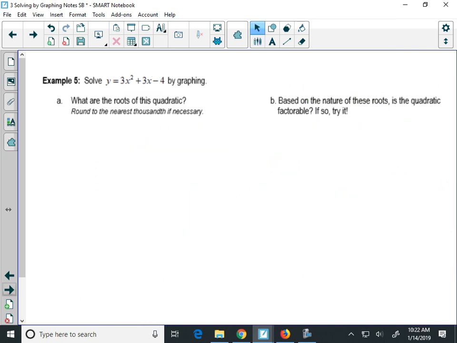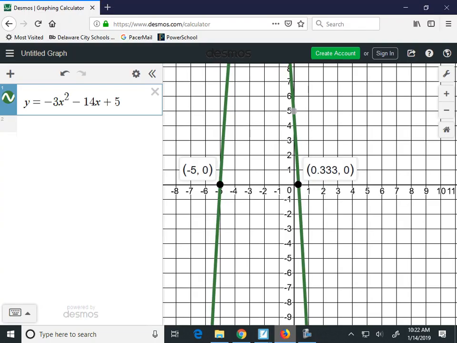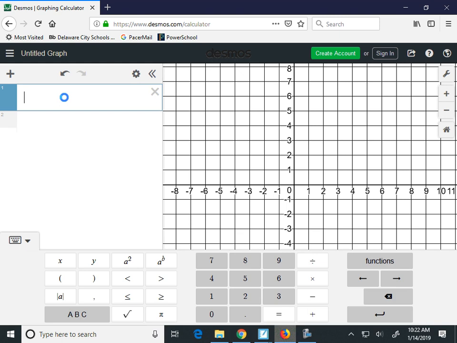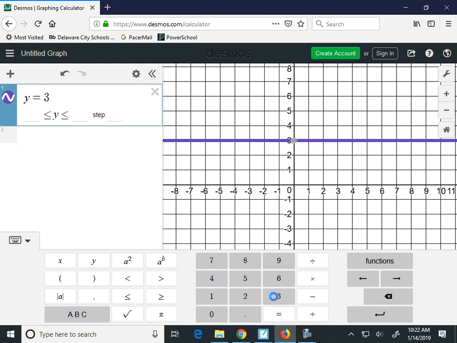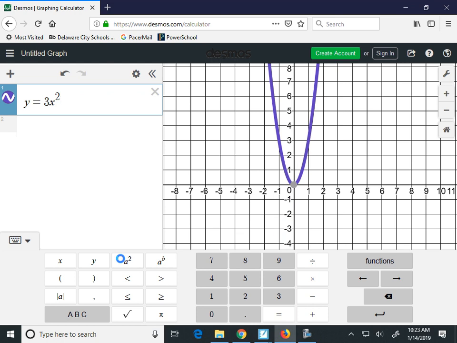So let's try a couple more. We're going to solve 3x squared plus 3x minus 4 by graphing. Okay, so new problem, y equals, start this time with positive 3x squared plus 3x minus 4.